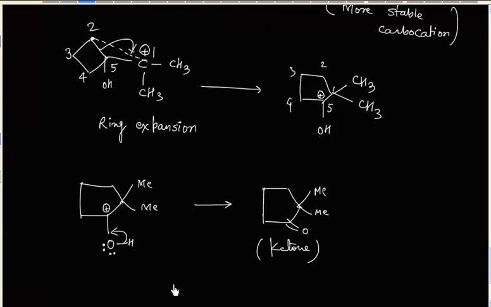In the next step, you can do a hydride shift, methyl shift, or alkyl shift, and this can also be done by ring expansion. And finally, you have to lose H plus to generate an aldehyde or ketone. So this is the mechanism for the Pinacol Pinacolone rearrangement.